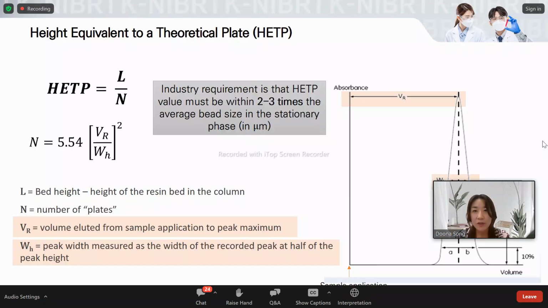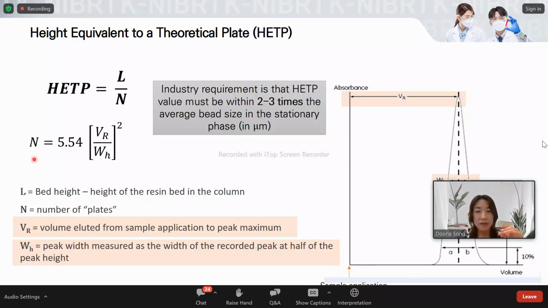HETP is calculated by dividing the length of the column by the number of theoretical plates. Imagine the column is divided into small fragments, each plate acting as a mini separator. So the more plates, the better the separation.